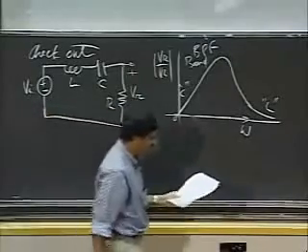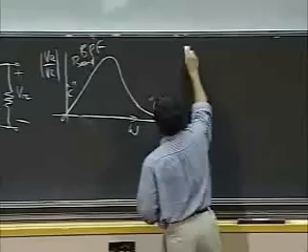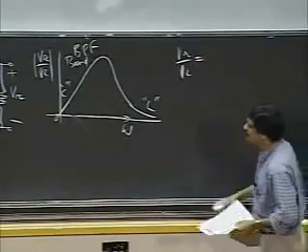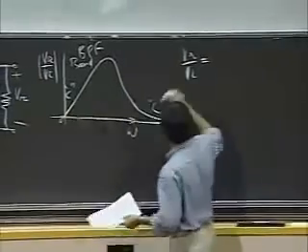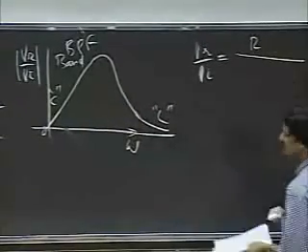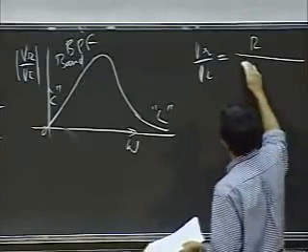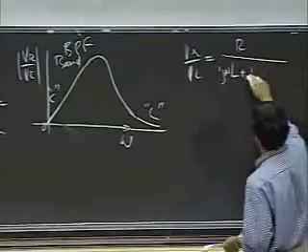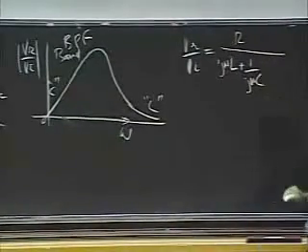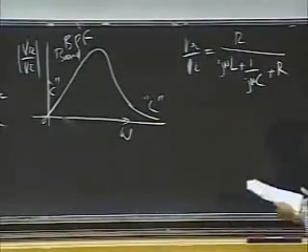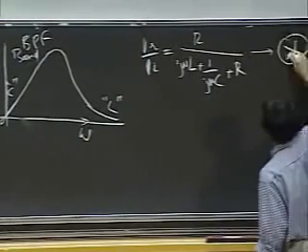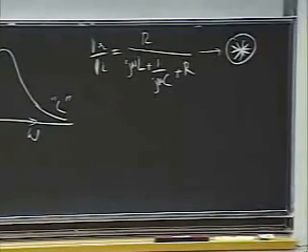Let's get some more insight on this by writing down the equations. VR divided by VI is simply R, using the impedance relations. It's R divided by j omega L plus 1 divided by j omega C plus R. I'm going to use this equation later, so let me stash it away on my stack.